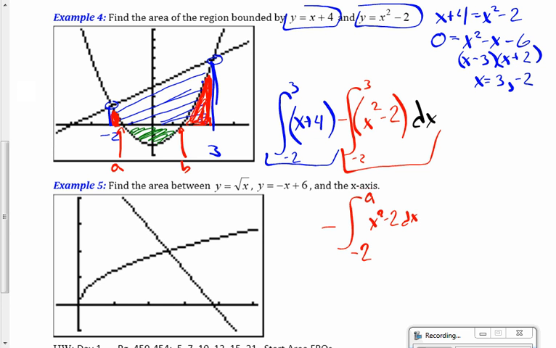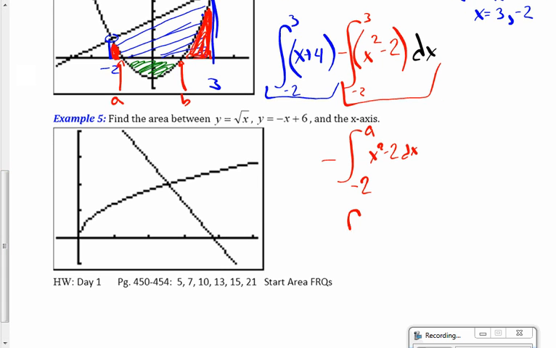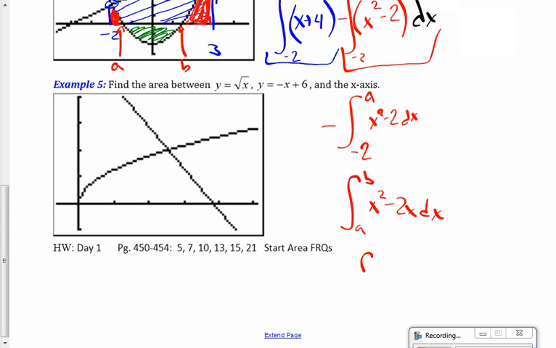Right? And then my next integral is going to be from A to B of x squared minus 2. And my last integral is going to go from B to 3 of x squared minus 2. I got an extra x on this one, guys. Sorry.